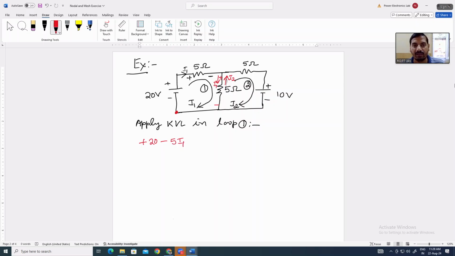Then in this branch, first we are getting minus, then plus, then minus. Again it will be minus 5 into the resultant current, I1 minus I2, because we have assumed that I1 is greater than I2. So that will be 0, as per KVL.